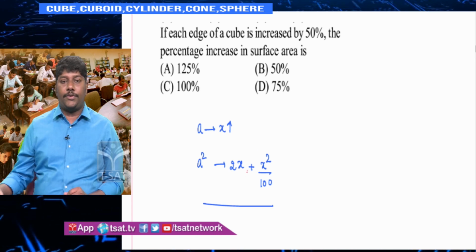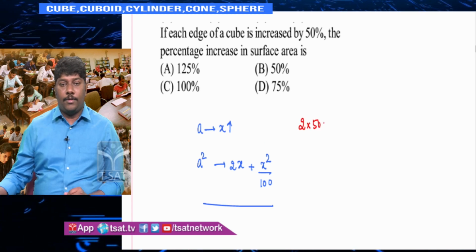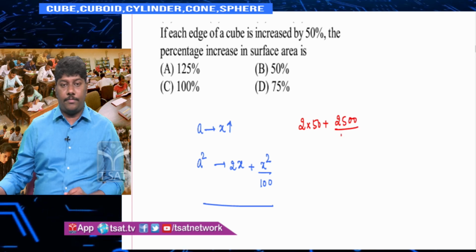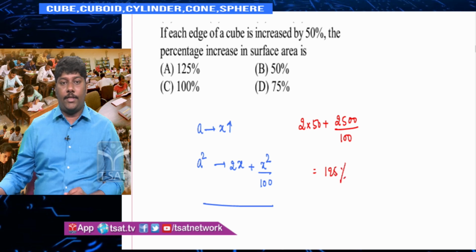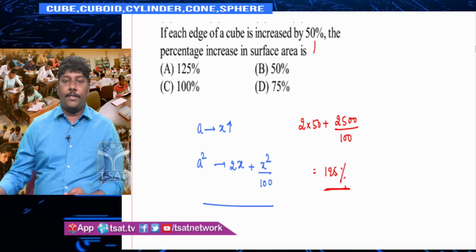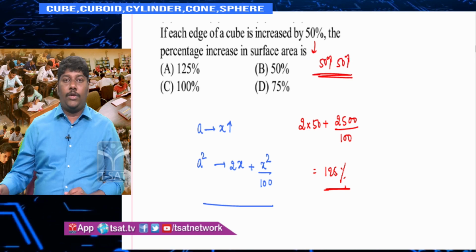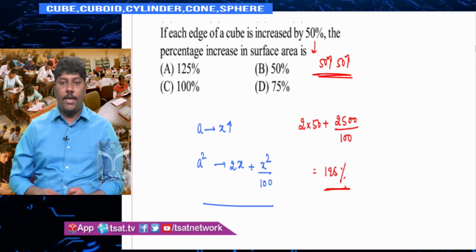Here he asked you increase, so it is plus 2 into 50 plus 50 square is 2500 by 100. So answer is 125% increase in its area, or else by saying it 50% increase followed by 50% increase. Use x plus y plus xy by 100, it is same as 2x plus x square by 100.